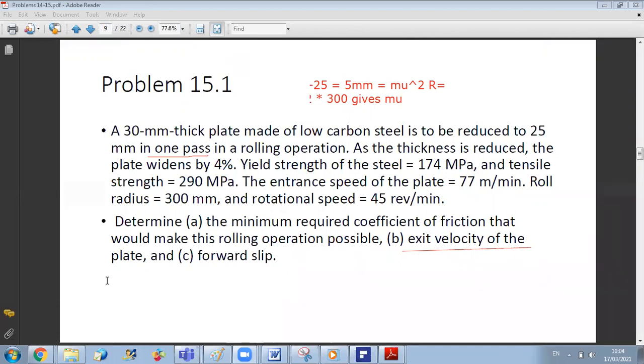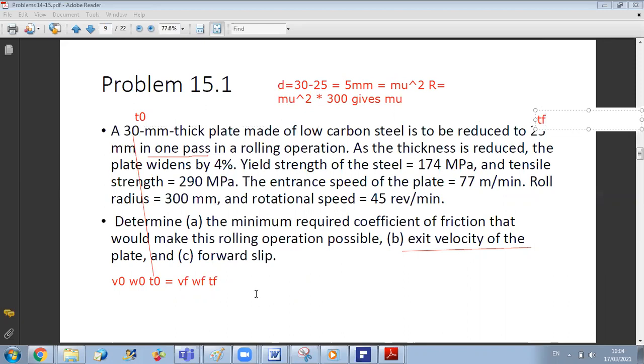So from conservation of volumetric rate, we can write that V0 times omega 0 times T0 equals V final times omega final times T final. Now, T0 and T final are provided. We know that T0 is 30, T final is 25.